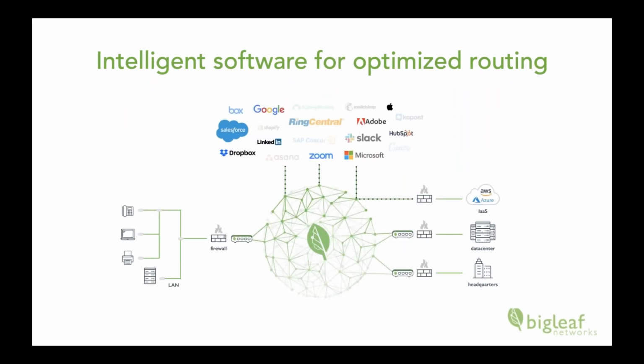So let's talk about the software a little bit. It's going to identify 100% of the traffic. And then it's going to provide optimized routing based on the circuit health and the traffic type. It's using all of this information that it's picking up to make sure you have the best experience, reading and reacting in real time.